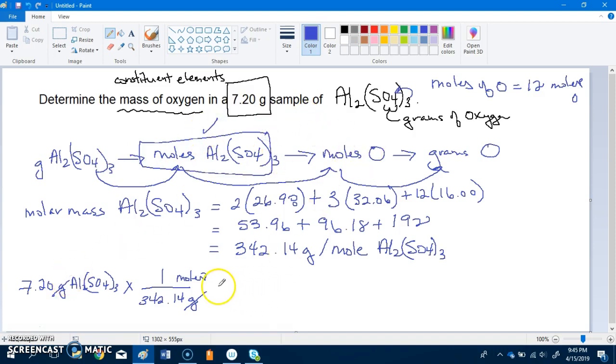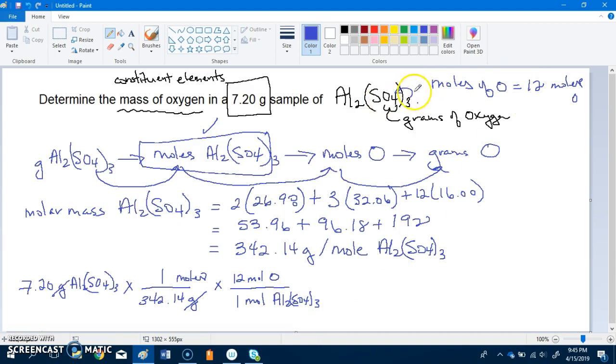Now I'm on to moles of oxygen. So for that one, I know I have 12 moles of oxygen to 1 mole of aluminum sulfate.